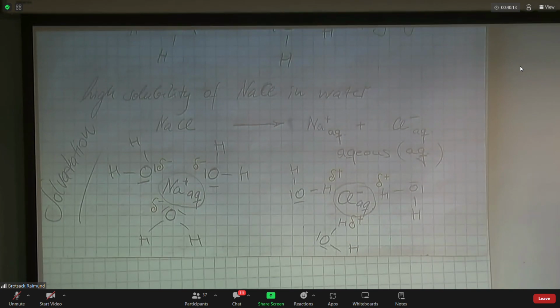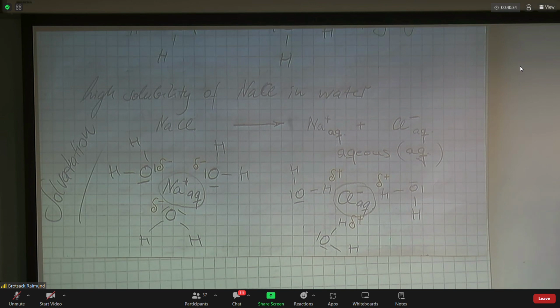Always when we have an ionic structure, of course not all of them are as soluble as sodium chloride, but we can explain in general the high solubility of such ions in water.